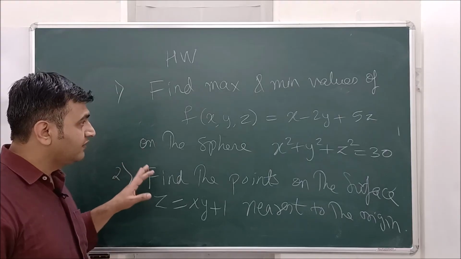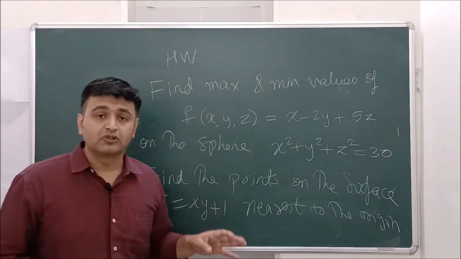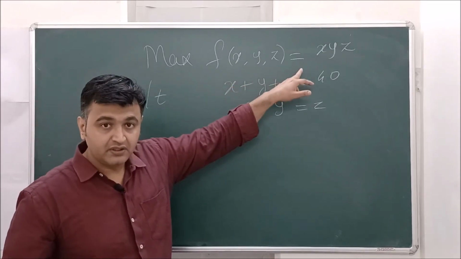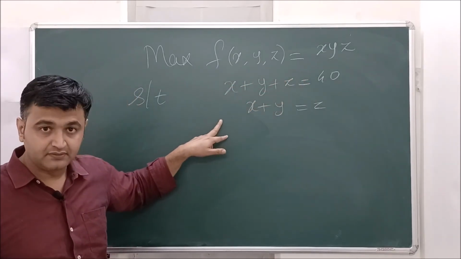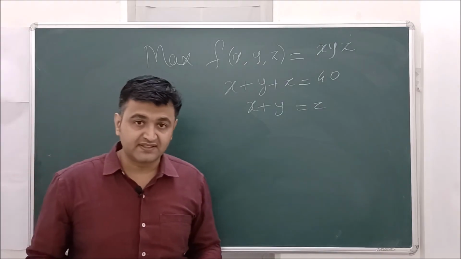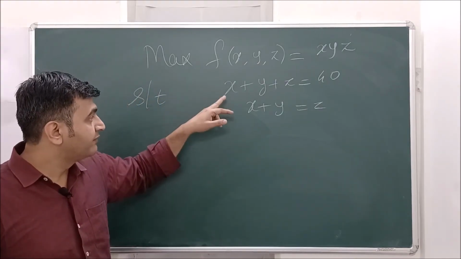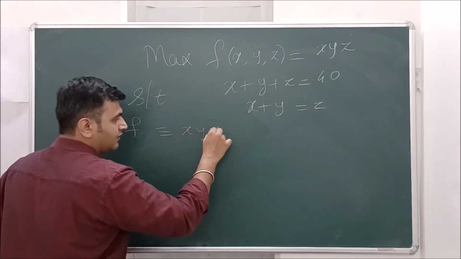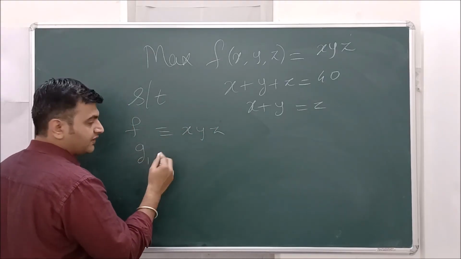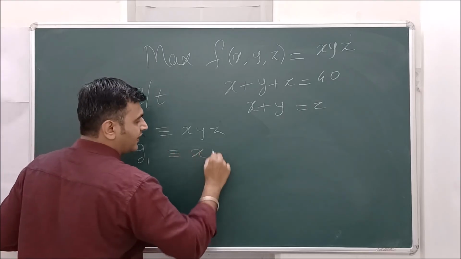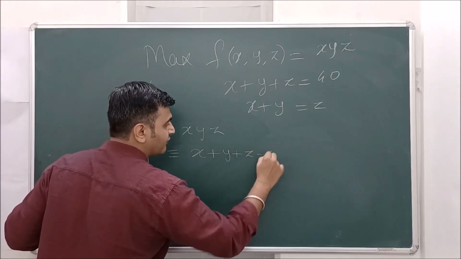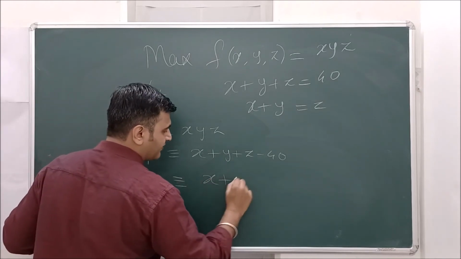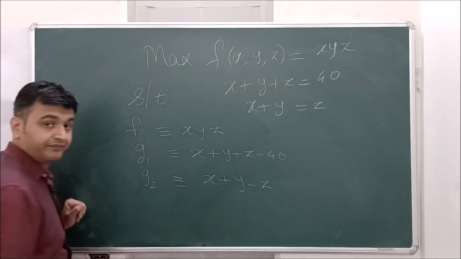So this is what we did for one constraint. Now let us try to solve the problem for two constraints. Here I want to maximize this function subject to these two constraints. What does the Lagrange multiplier method say? Let me call the constraints g1 and g2. f of x, y, z is this. g1 of x, y, z is x plus y plus z minus 40, and g2 of x, y, z is x plus y minus z.